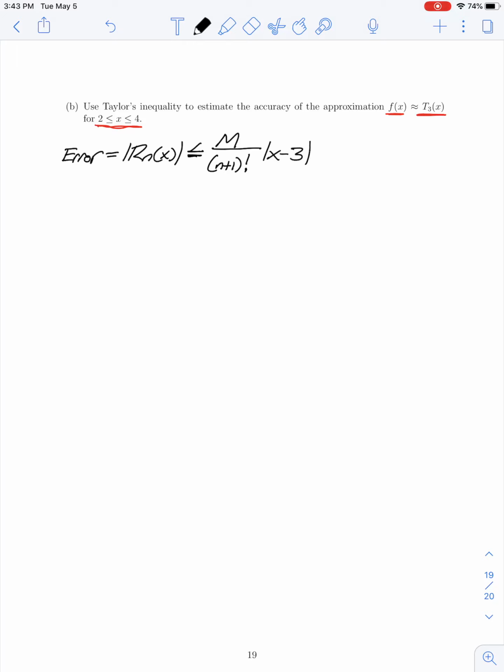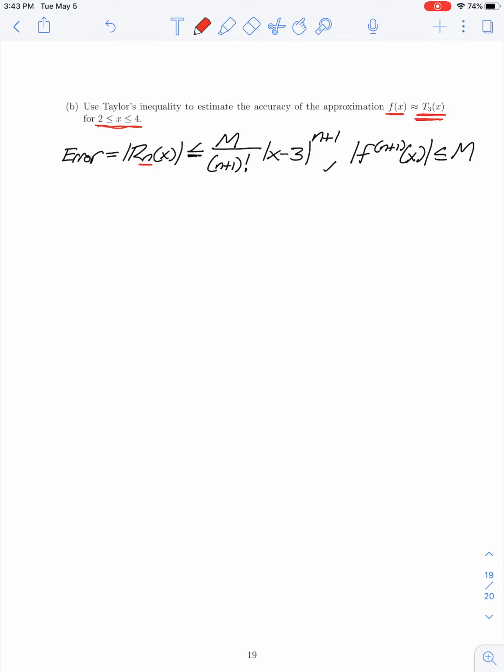We were centering our Taylor polynomial at 3, raised to the n plus 1 power, where M is the largest value of our n plus first derivative on the interval that we're considering. So if we're looking at a third degree Taylor polynomial approximation, that is T sub 3 of x, then our value of n is equal to 3.